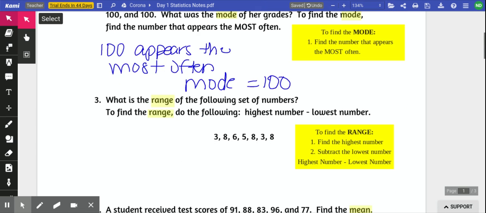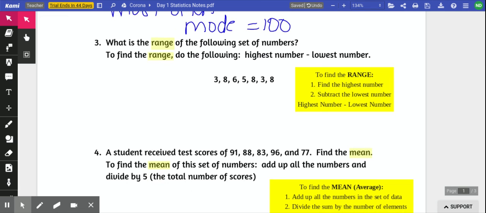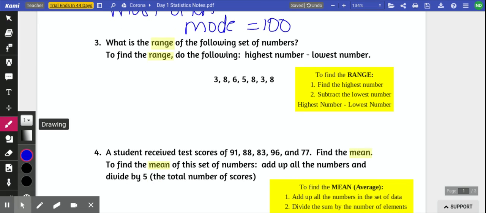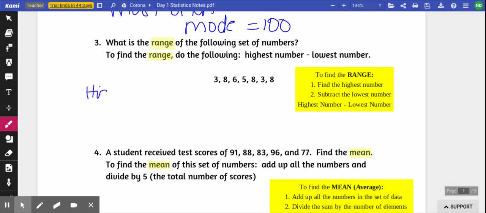Okay, next up is range. Number 3 says, what is the range of the following set of numbers? Now again, to find the range, this is what we have to do. Step 1 is to find the highest number. Step 2 is to subtract the lowest number from the highest number. So all I have to do is look at the numbers in this set of data and identify my highest number, which in this case is going to be 8.